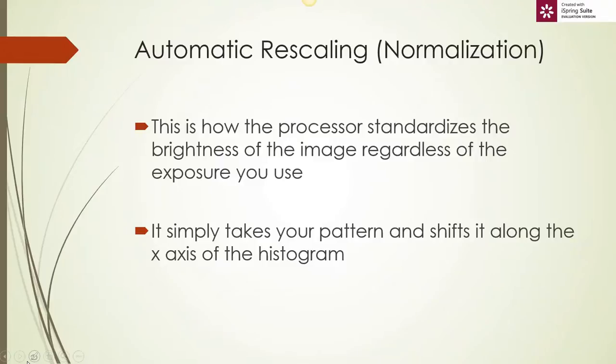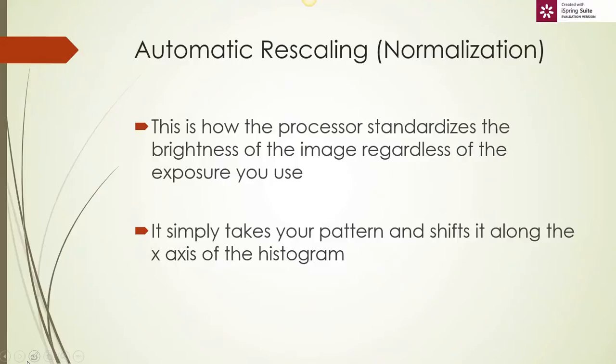The data is also looked at in terms of the intensity of the data, and how that works along the continuum from bright to dark. Pretty clearly, what we want is something in the middle. So automatic rescaling is normalizing the data to a point where it's at a brightness that we like.